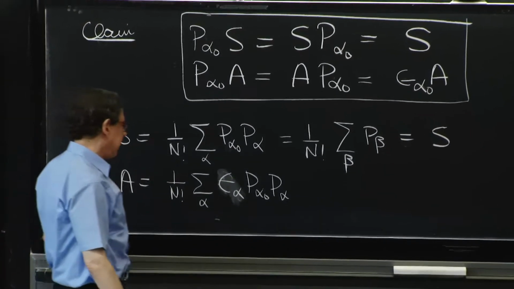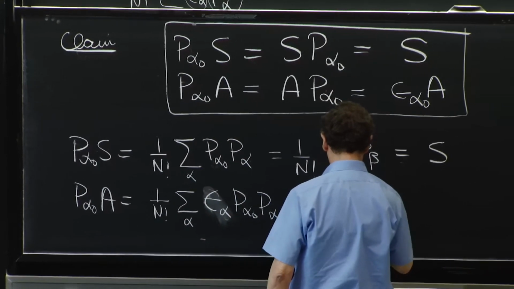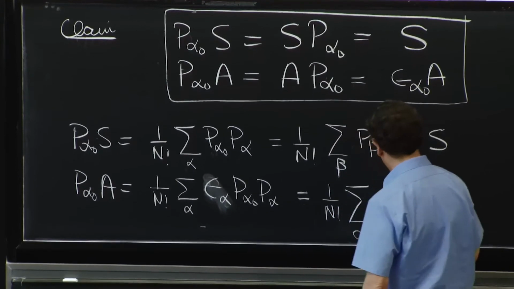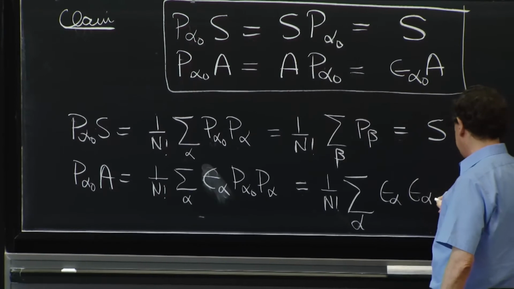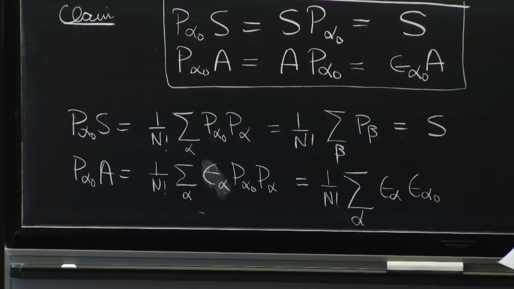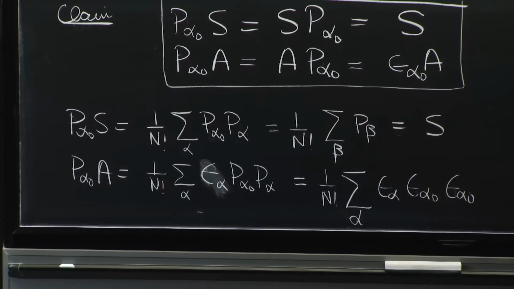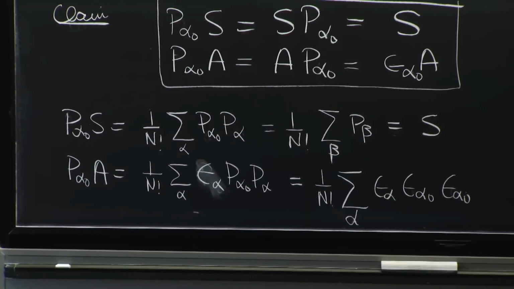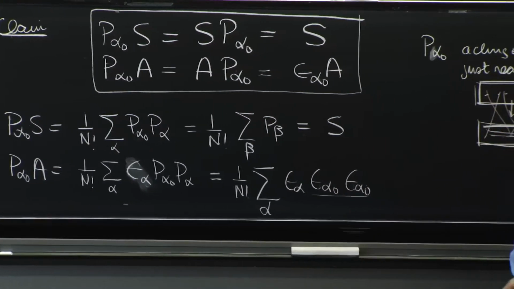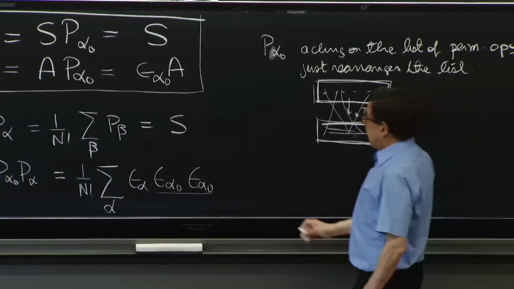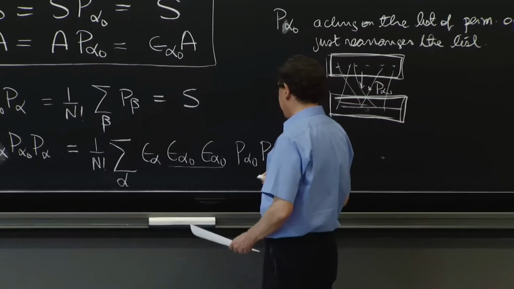To make this clear, I'm going to put a sign factor 2 times. So we'll have sum over alpha. I'll put epsilon alpha, then I'll put epsilon alpha 0. Then another epsilon alpha 0. That's whatever epsilon alpha 0 is. I can do this because I'm inserting just a 1 here. And then you have P alpha 0, P alpha.